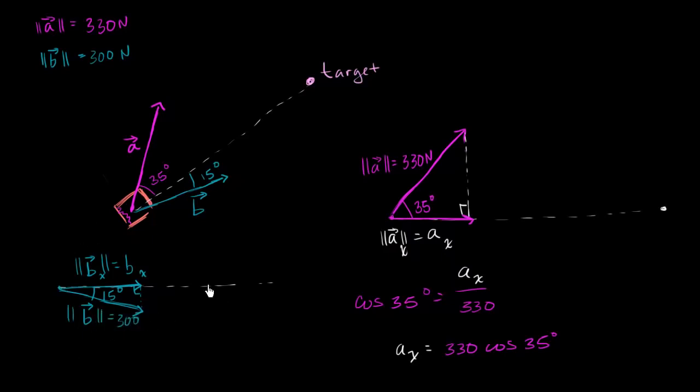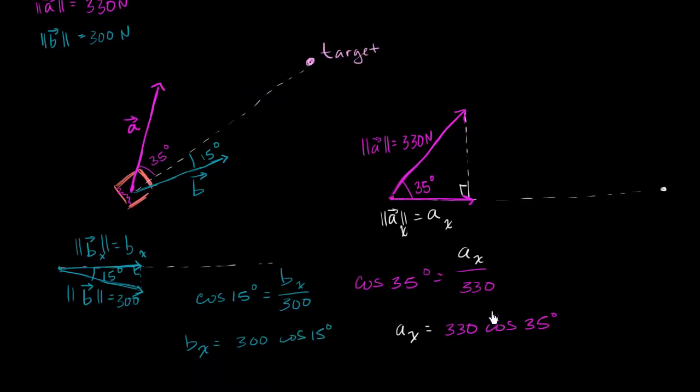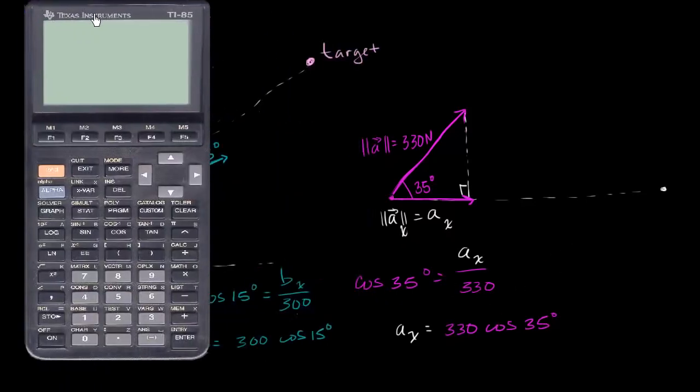So we could write that cosine of 15 degrees is equal to B sub x over the length of the hypotenuse, or that B sub x is equal to 300 times cosine of 15 degrees. So let's get our calculator out and let's calculate what these things are.